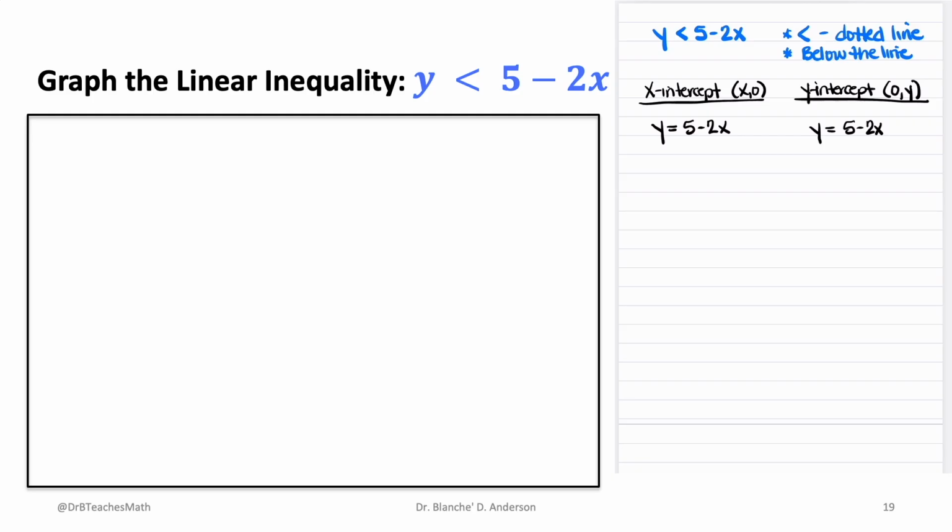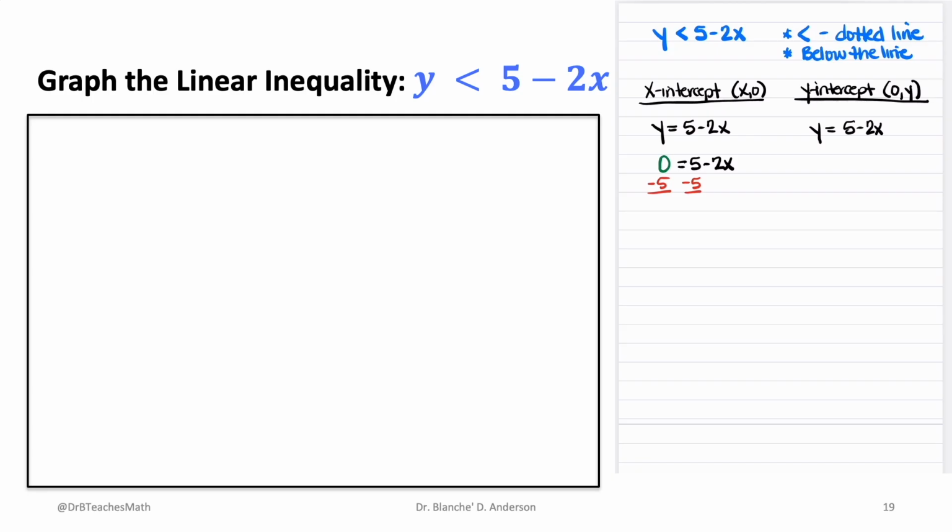So let me do the substitution. When I'm looking for the x-intercept, I'm going to turn y to 0, and then I need to find the x. So I'm going to set y equal to 0. So I have 0 equals 5 minus 2x. Okay, now let's finish solving for x. I'm going to subtract 5 on both sides. And when I do that, I have 0 minus negative 5, right?